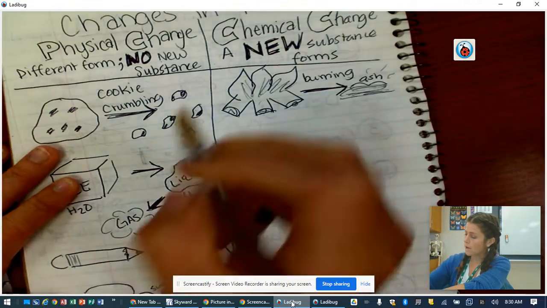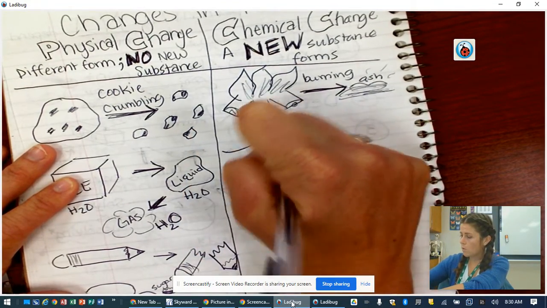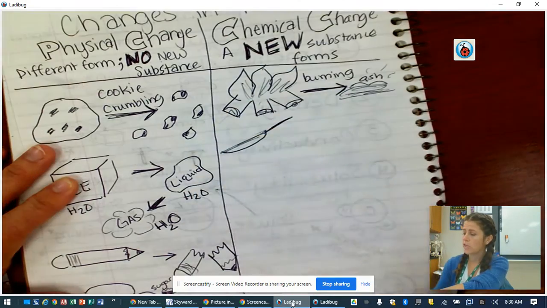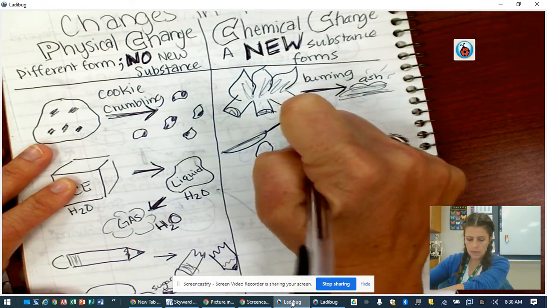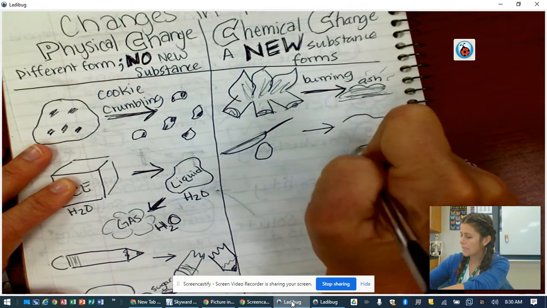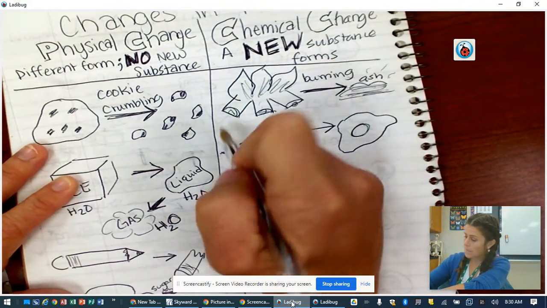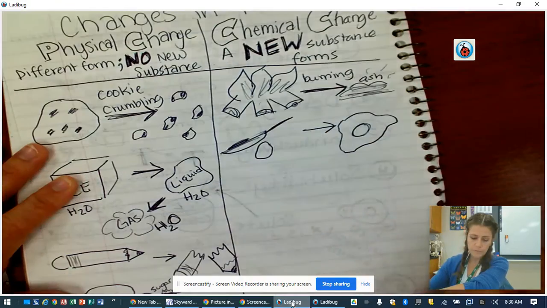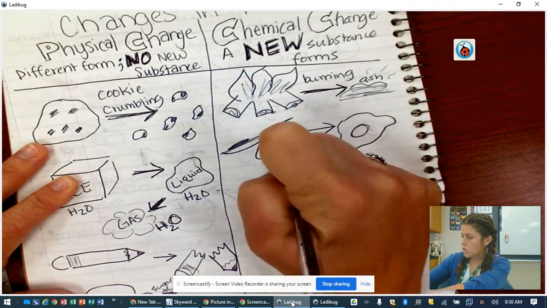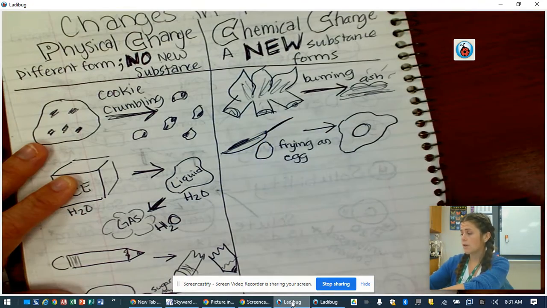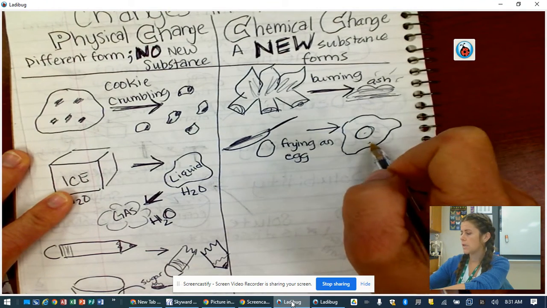Another one would be an example of maybe an egg frying. Now, one way you can tell that a chemical change is occurring, and I'm going to go ahead and put my egg like this, and then over here, is that you're going to see color change. So think about an egg frying. When an egg yolk is in the pan, so frying an egg, you can smell that the egg is cooking, but also, this is the yolk and this is the egg whites.